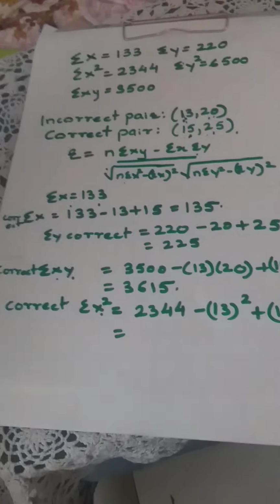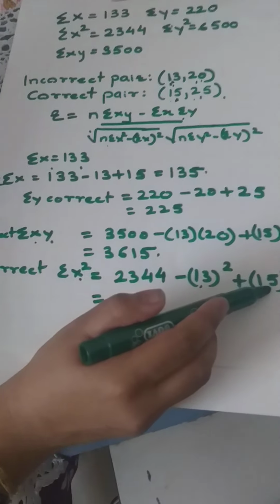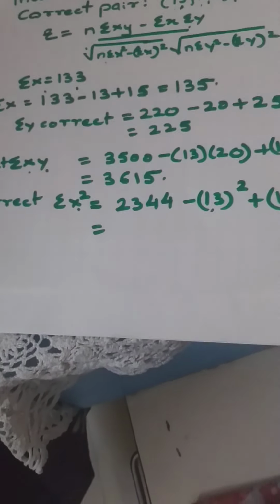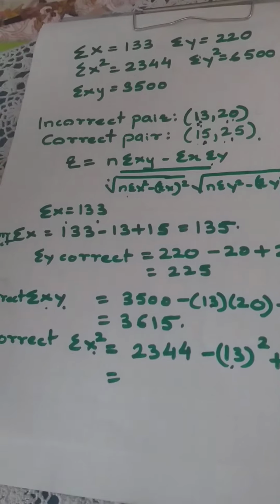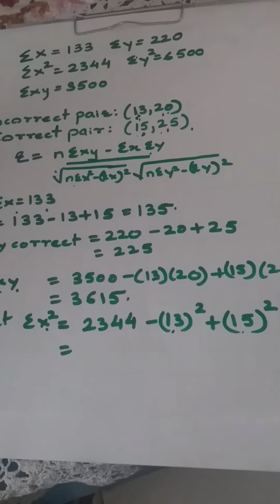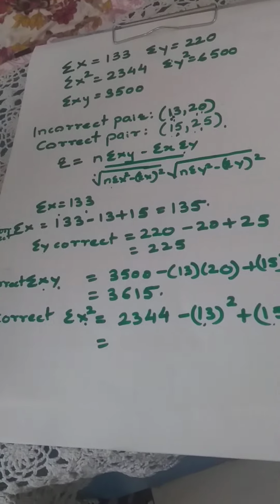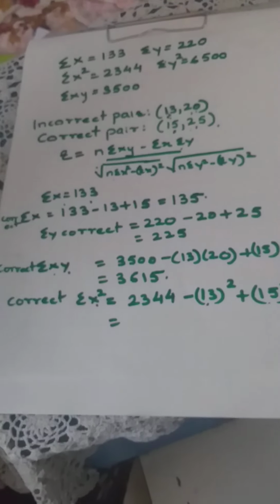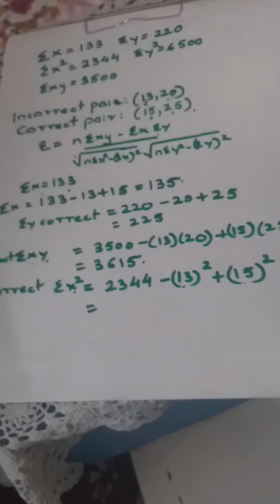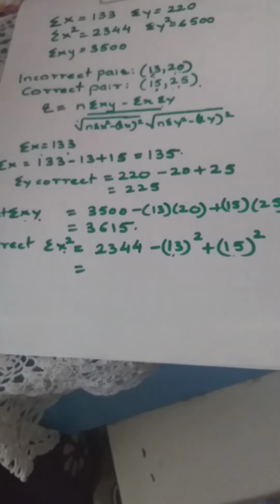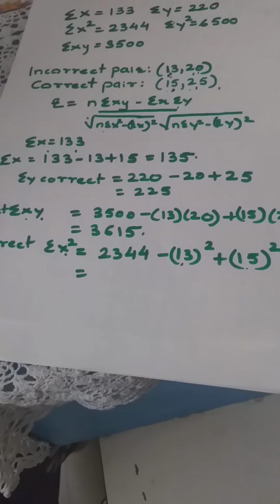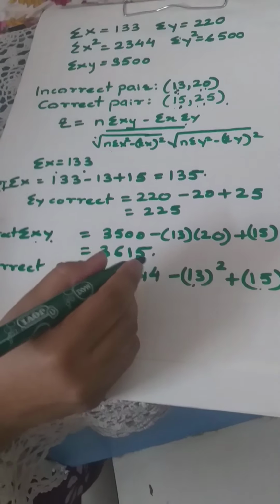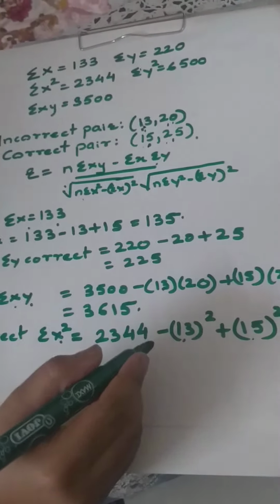If I work on a calculator, 13 square is 169 and 15 square is 225. So it comes out to be 2400.